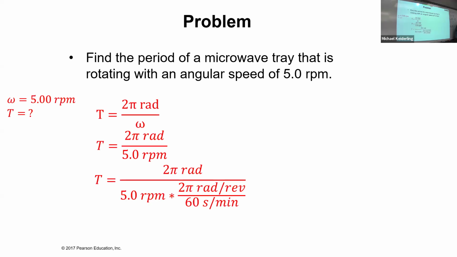So we can convert revolutions per minute to radians per second. So 2 pi radians per revolution over 60 seconds per minute. Multiply that by revolutions per minute. We'll get 2 pi radians over 0.16666 radians per second.